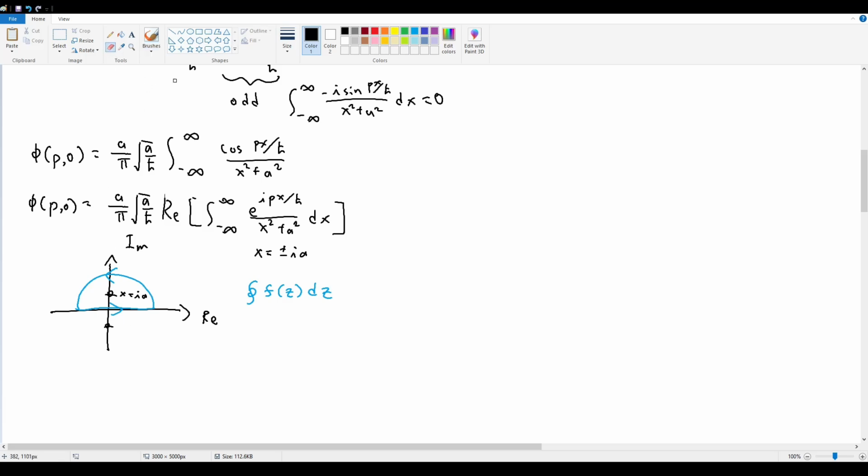Because I have a pole here, Cauchy's residue theorem basically tells you that this integral is equal to 2 pi times i times the sum of the residues of f of z, where the residue follows a different formula.